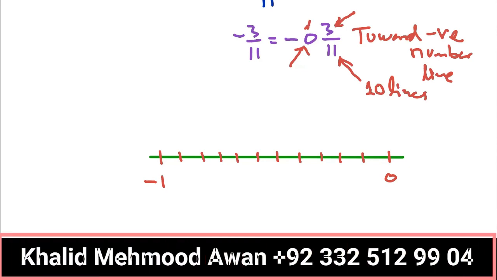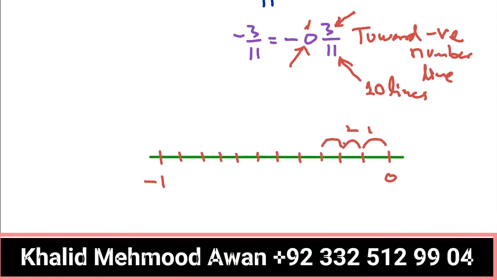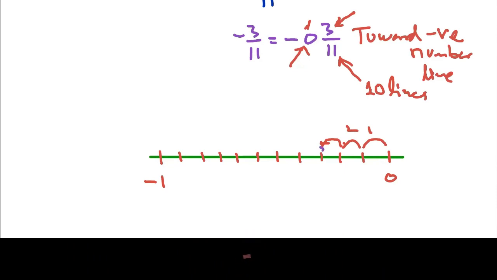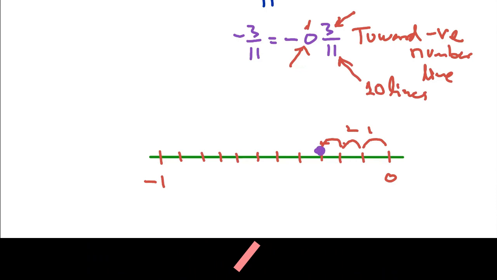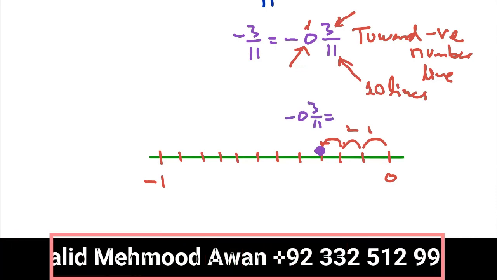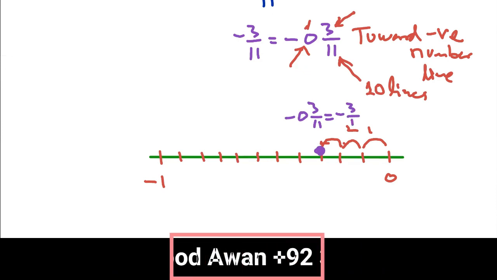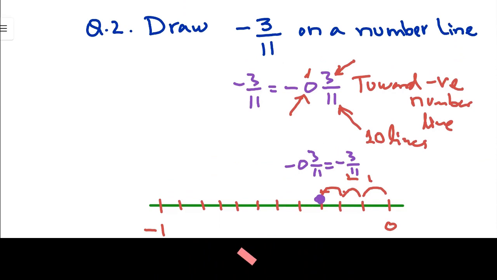So from 0, we are moving 3 steps, that is 1, that is 2, that is 3, and that is your position on the number line, that is negative 0 whole 3 by 11, or we can say negative 3 by 11. So this is how we could draw a point on a number line.